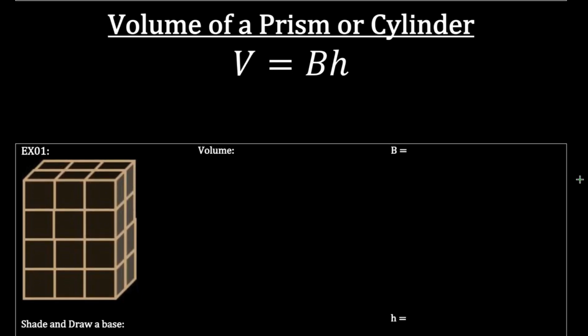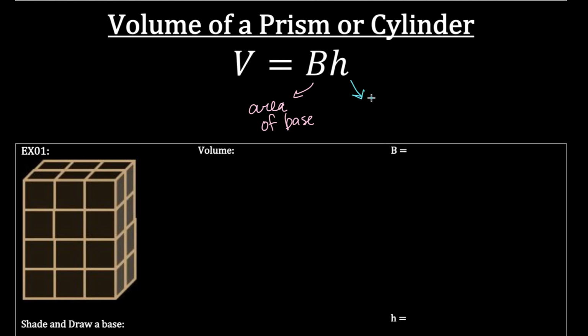Okay. This is the formula right here. Let's use pink for capital B, which, remember, is the area of the base. Not the base, but the area of the base. And then H, I have an opportunity to use different colors, so I'll use blue.